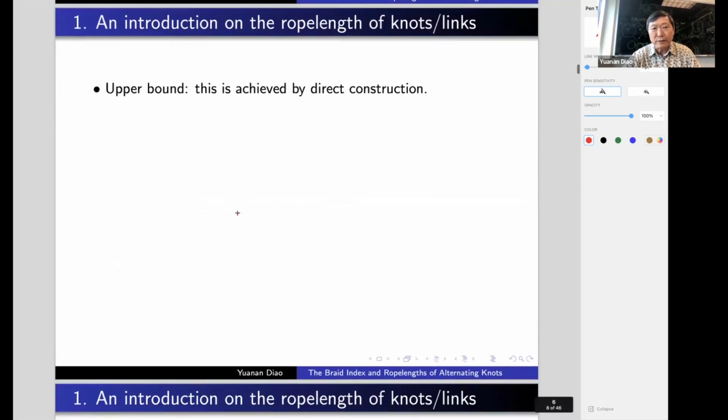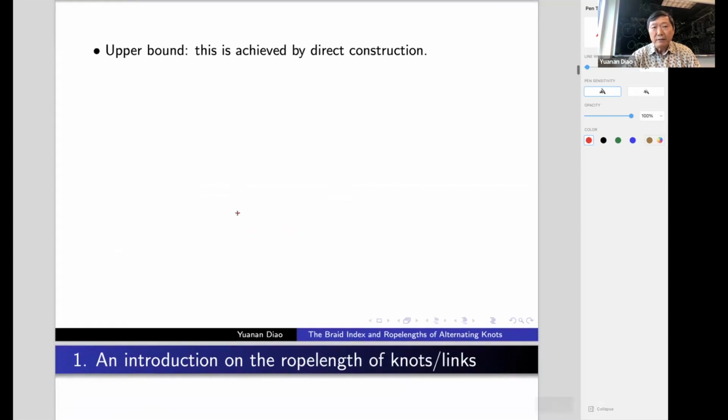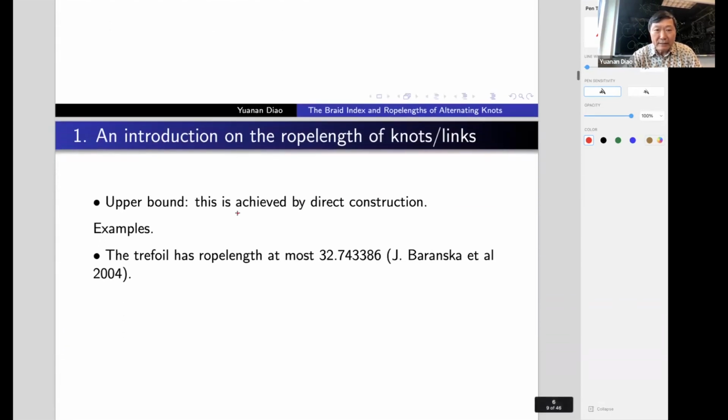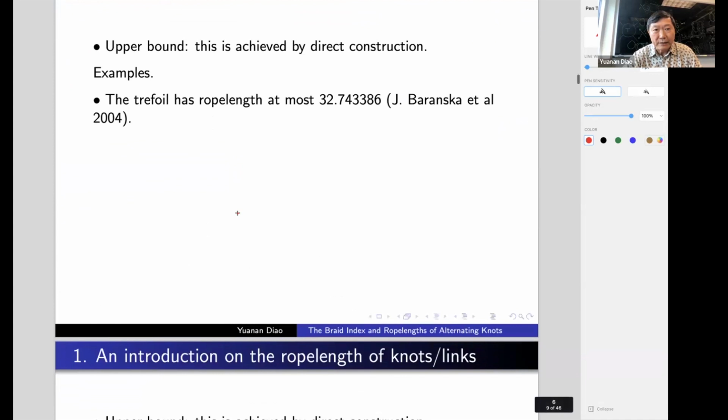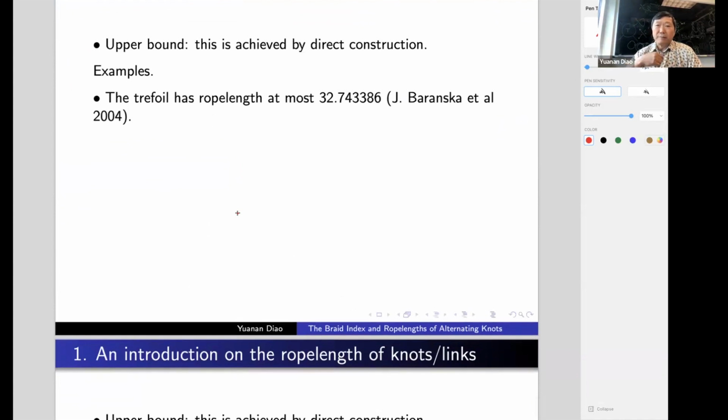In terms of the upper bound, you can achieve an upper bound of the rope length of a knot by direct construction, because you make one. You tie one with a rope, and then you can actually measure it. By doing this, you can get results such as this. For example, by computer simulations, you can make these knots using refined polygons.